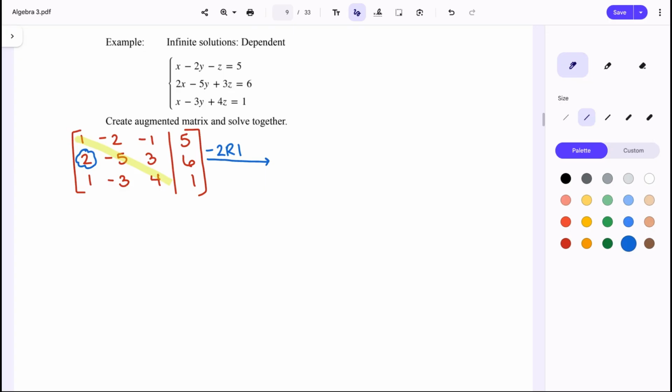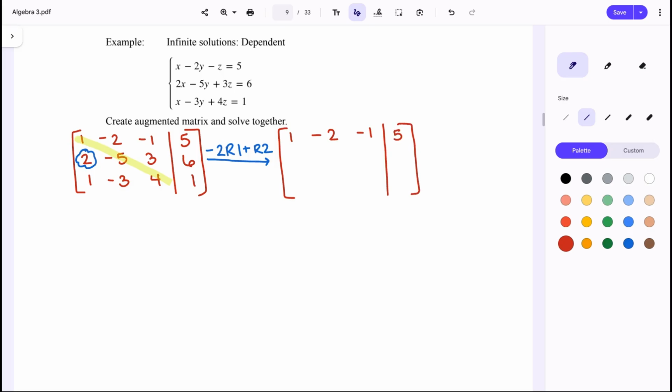I'm going to take -2 times row 1 and then add it to row 2. And I'm only doing that because that's what I did when I filled this out myself. So keeping us on track. So row 1 stays as is.